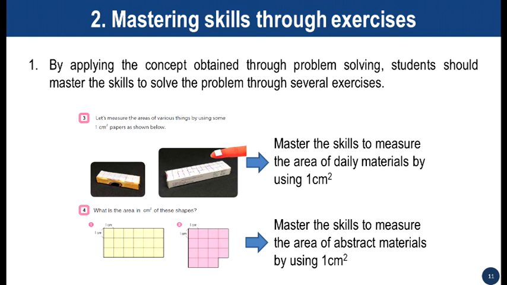Here they master the skills to measure the area of daily materials by using 1 square centimeter. Task 4. What is the area in square centimeters of this shape? Here they master the skill to measure the area of abstract materials by using 1 square centimeter.